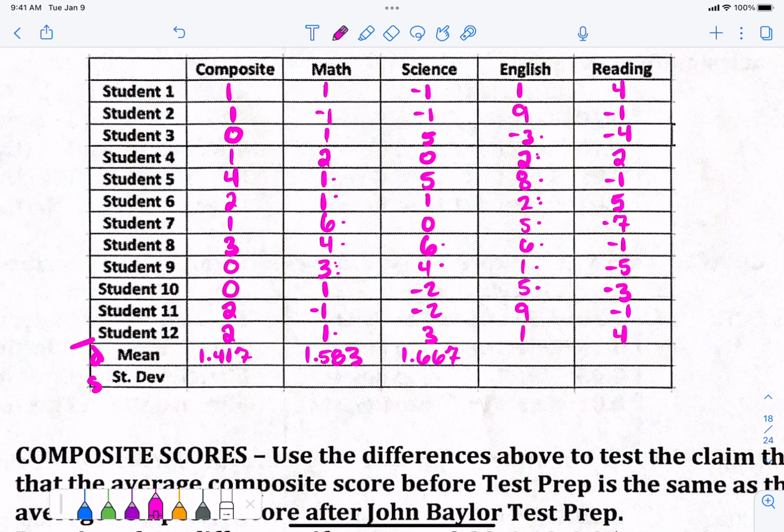On average, English was raised almost 4 points apiece. That is insane.